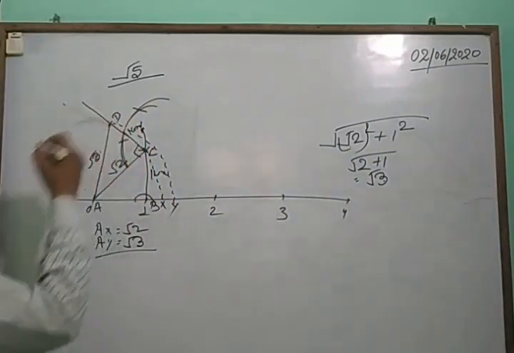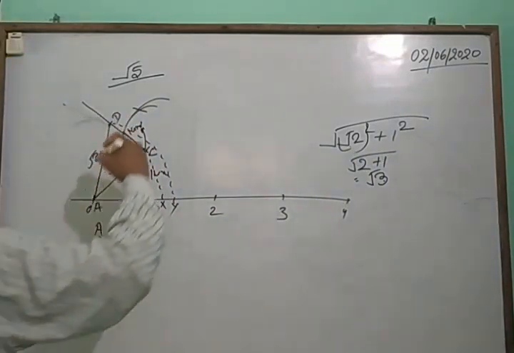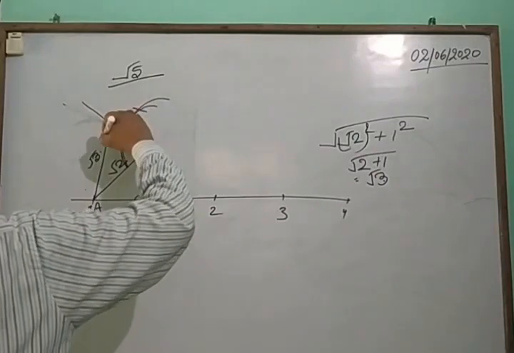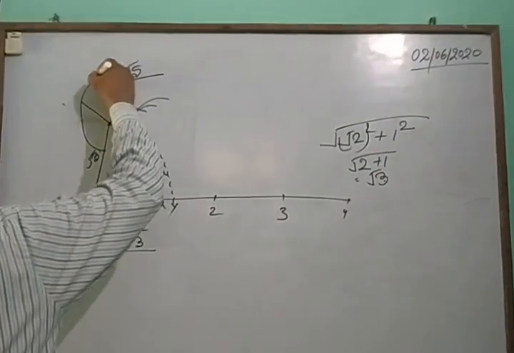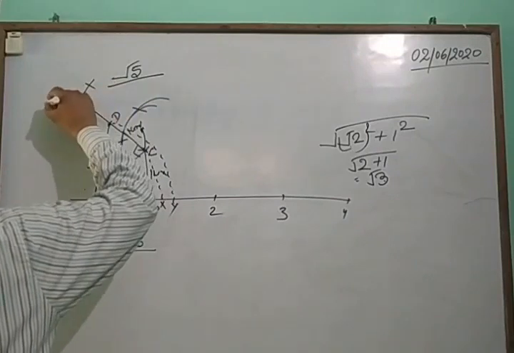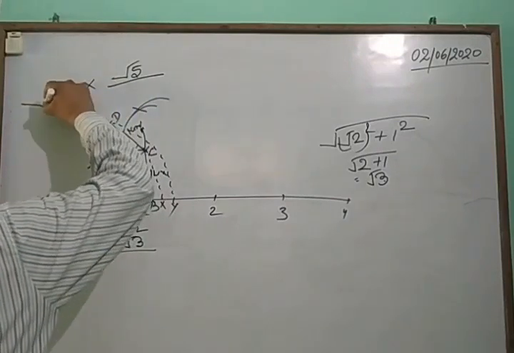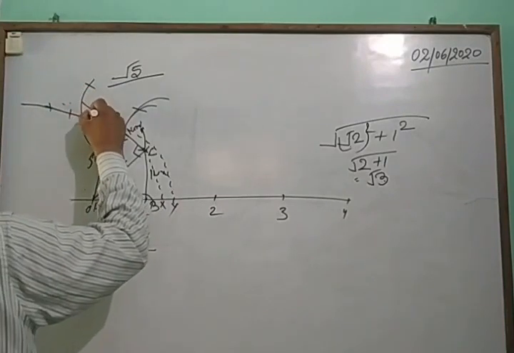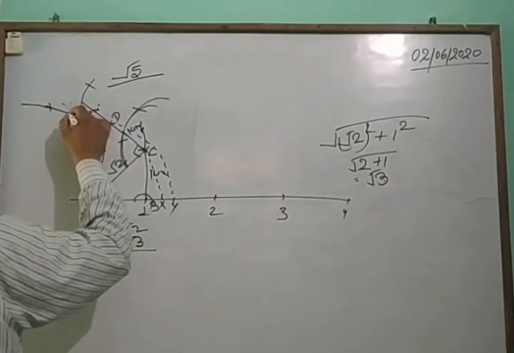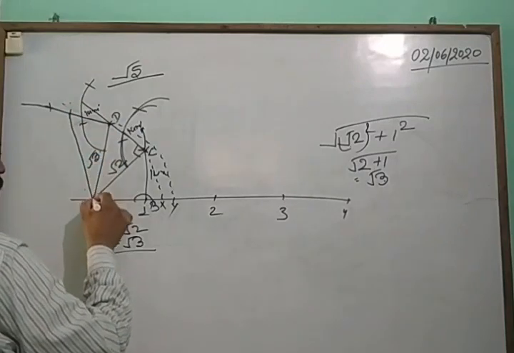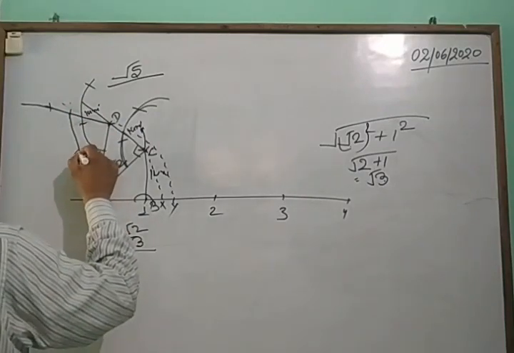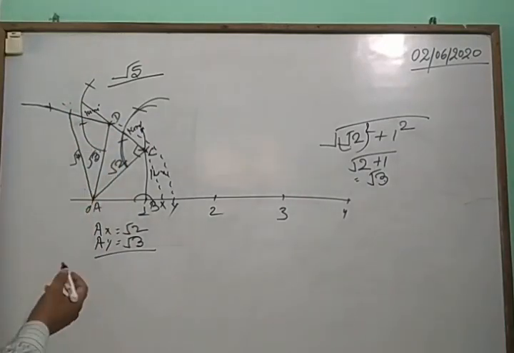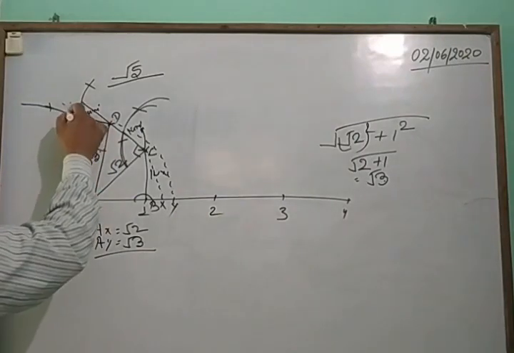So AD is root 3. Again at point D we make a right angle, 60, 120. Again we take 1 unit, and that is root 4.